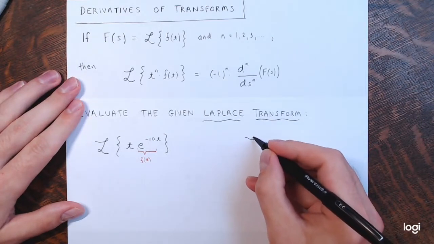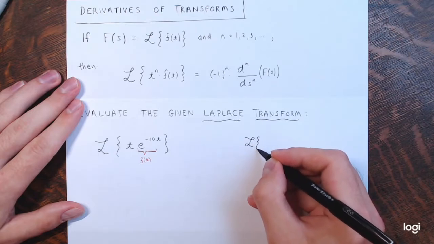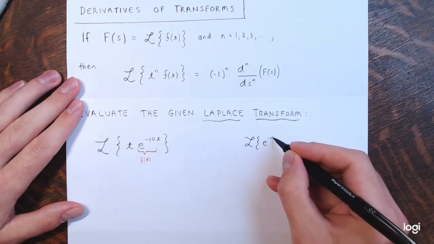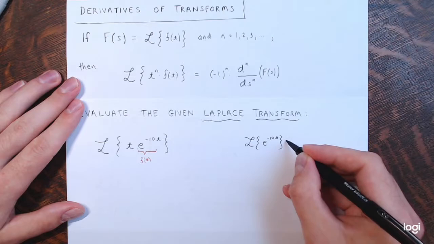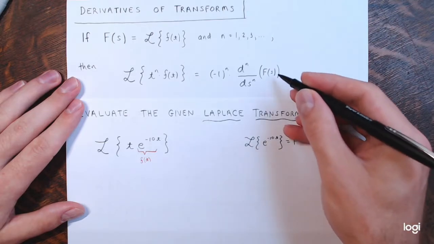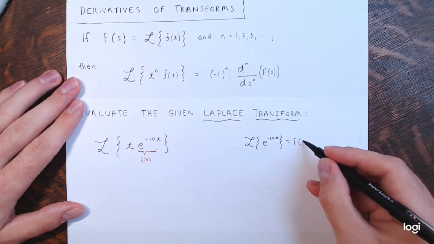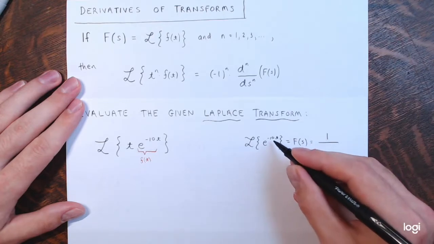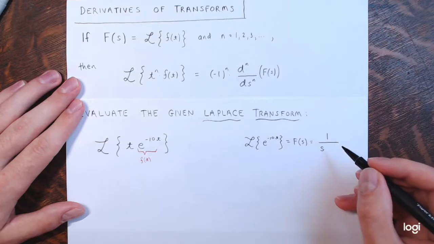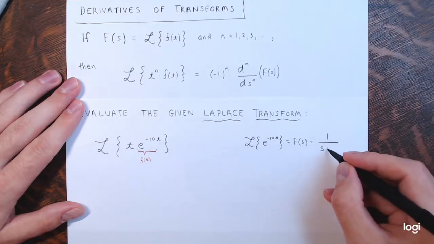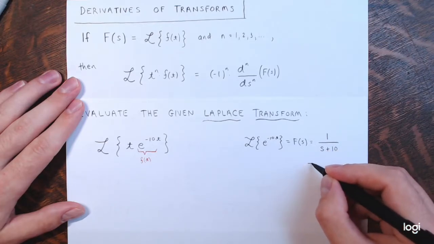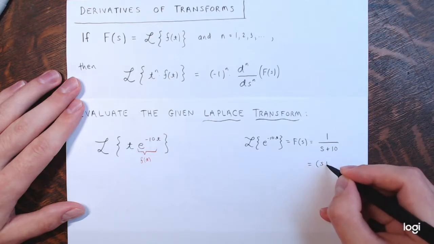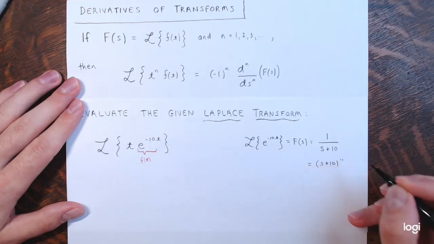And off to the side, the Laplace transform of e to the -10t on its own, the capital F of s, would be just 1 over s minus -10, just replacing a with -10 from earlier. So that's 1 over s plus 10, or to make the derivatives easier, s plus 10 to the -1st.